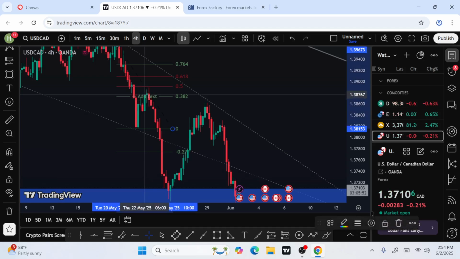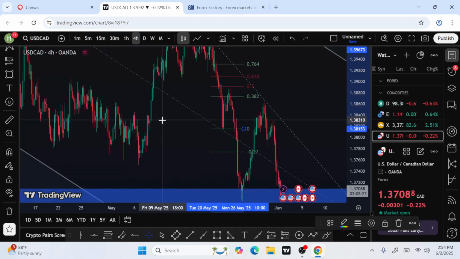It engulfed the previous green candle and it continues to sell all the way down. Do we get that now? So I said there are exceptions or additions to these things.